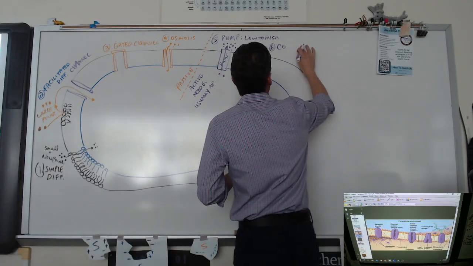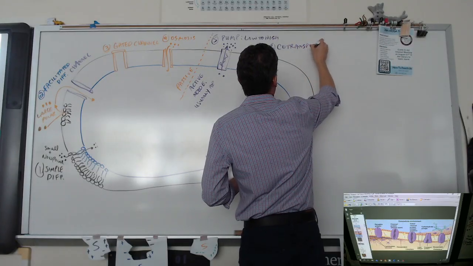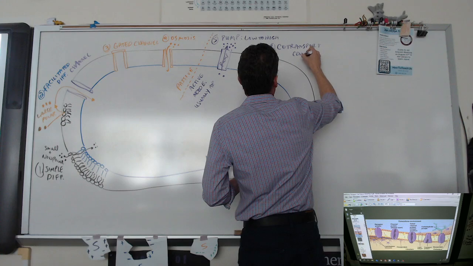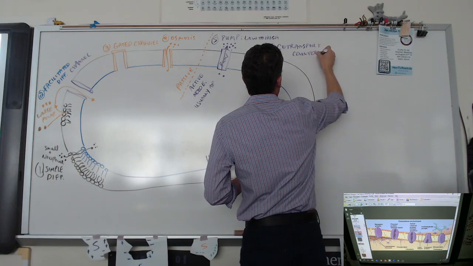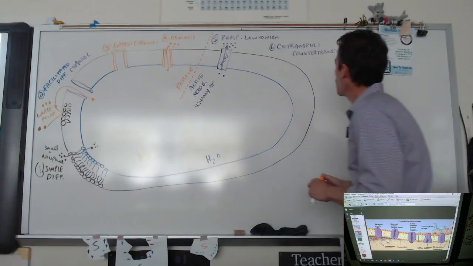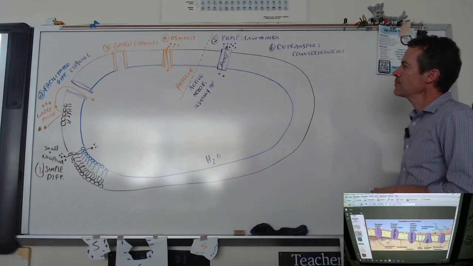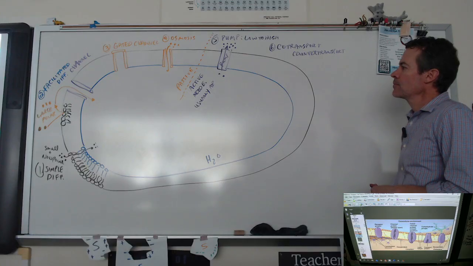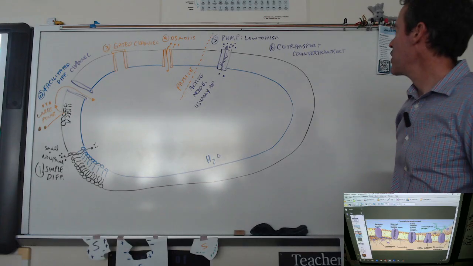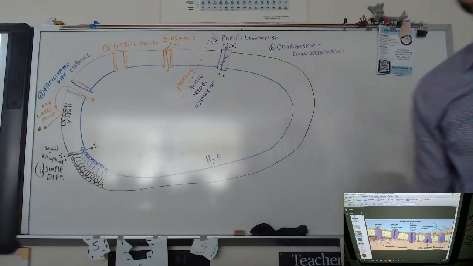So I have co-transports and counter-transports. Co-transport and counter-transport. So this one is less likely to be on the AP Bio test.